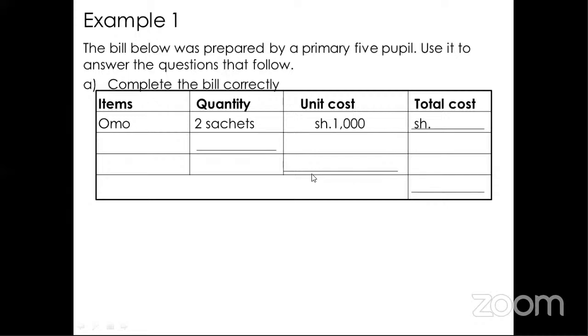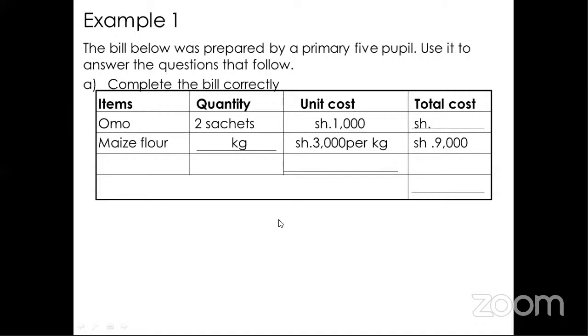That is what I told you to remember. Let's go to the next item. The next item is maize flour. What is missing in the maize flour? We have the quantity.